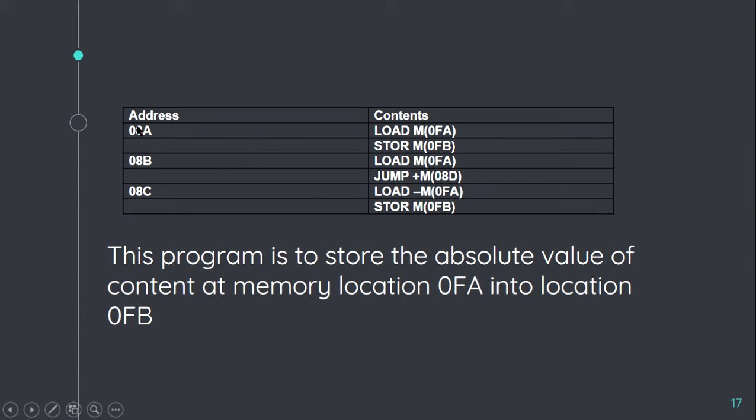For the address 08A, the content will become LOAD M(0FA) and STOR M(0FB), and for 08B, the content will become LOAD M(0FA) and JUMP+ M(08D), and for the address 08C, the content will be LOAD -M(0FA) and STOR M(0FB).